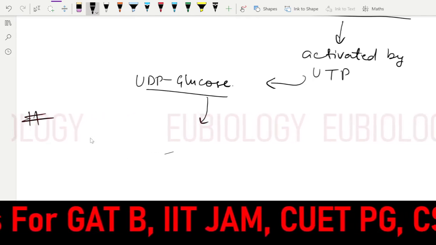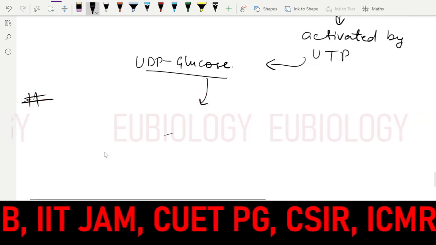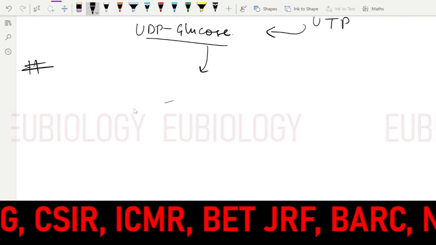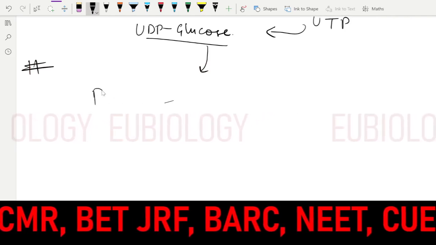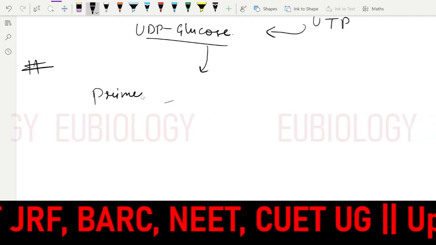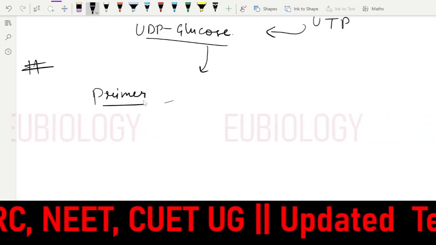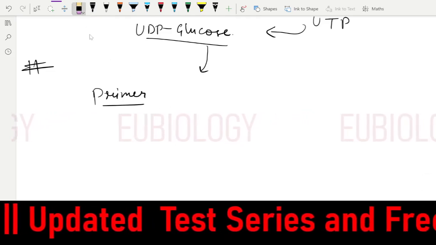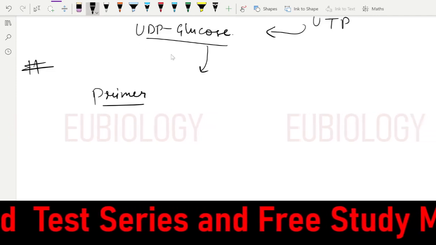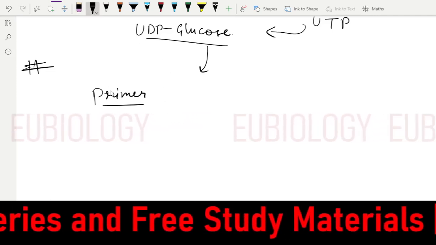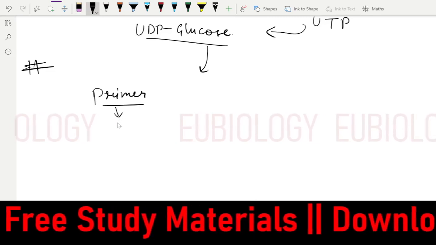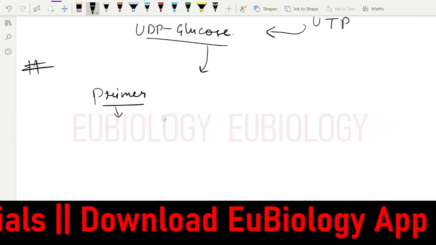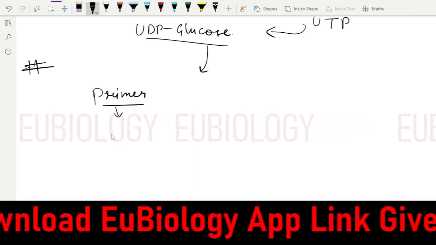We need a chain, which will be provided as a primer. Till now we studied that a primer is required in DNA synthesis, but in glycogen synthesis also we need a primer. Is it made up of nucleotides? Of course not, because we are going to add glucose. So it has to be made up of glucose.